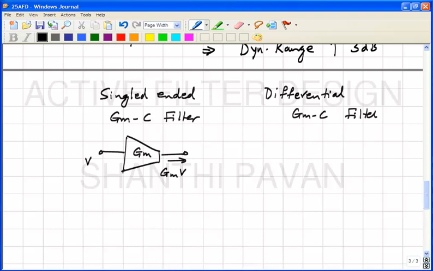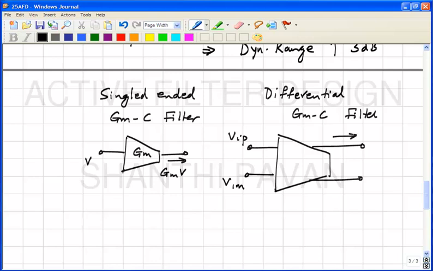In a single-ended circuit, output current is GM times the input voltage. So, the only difference now is that you no longer have one single input voltage and one output branch. You have two inputs, VIP and VIM, and we have two output currents, right.